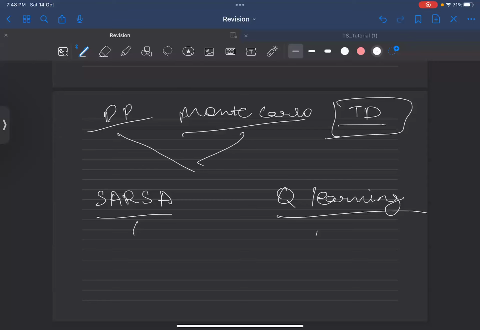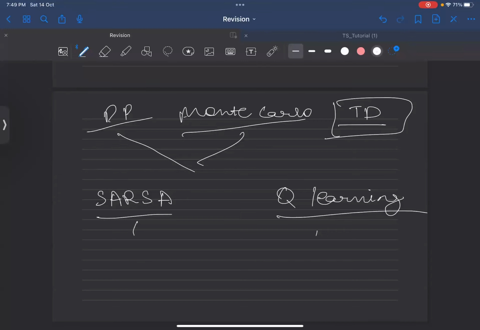In Q learning, we learn the Q function, the Q value for every state, and from that we arrive at the policy. In SARSA, we also learn the Q value, right? Maybe you can explain SARSA a little. Q learning I understood; for SARSA we are learning the value function basically.